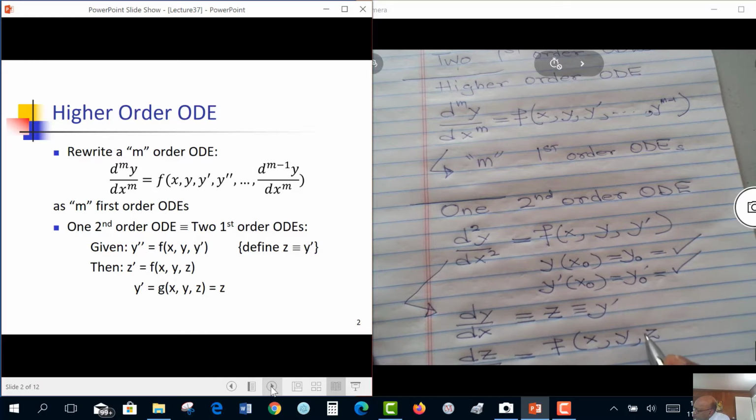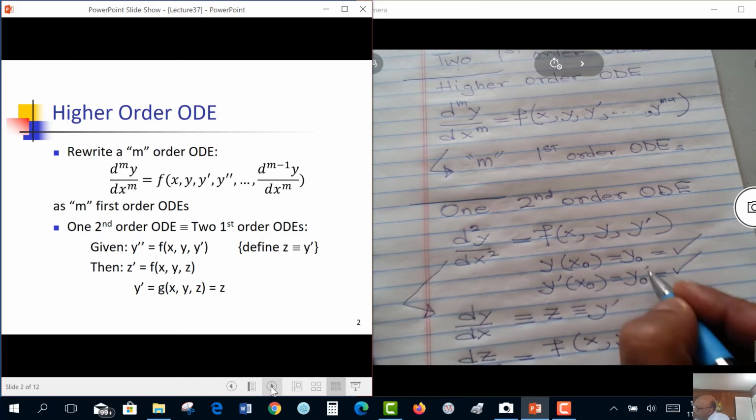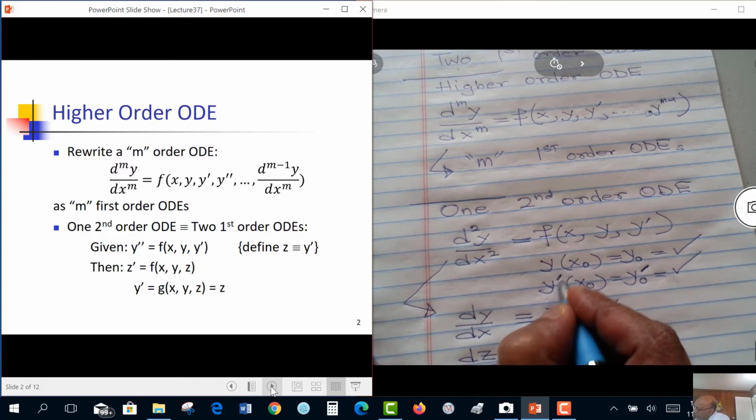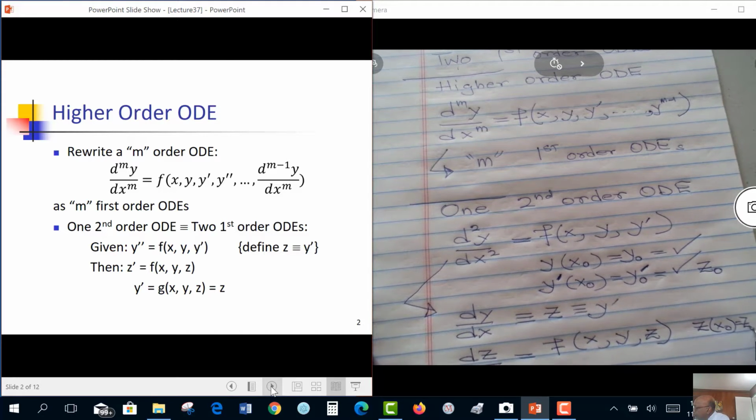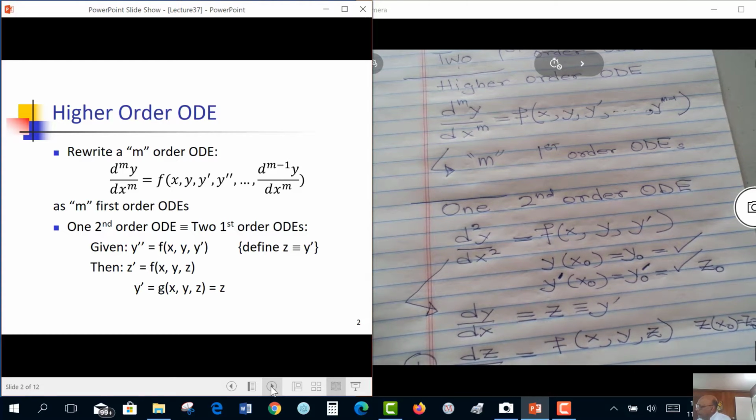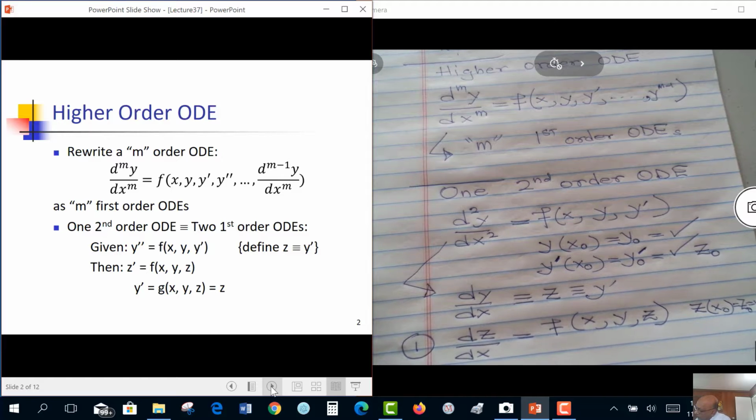So x, y, z. So let's call this y prime as z. So this is equal to z0. So we know therefore z at x0 is z0, is known. So that's one of our two first order differential equations.